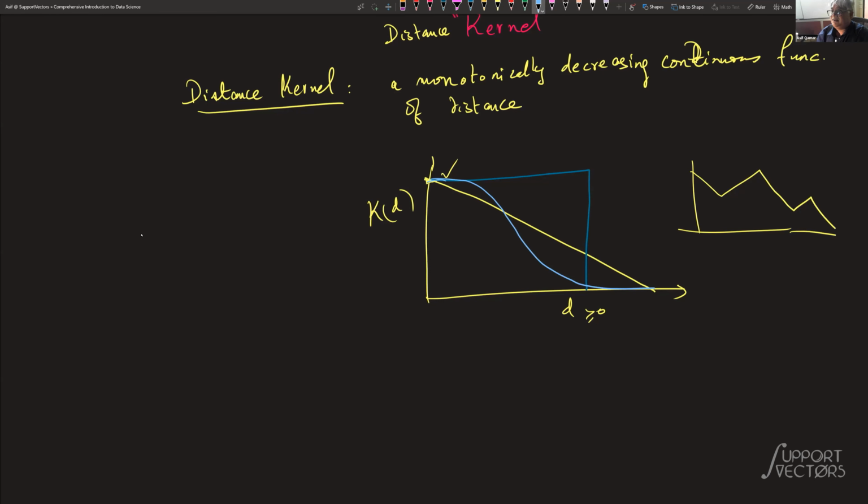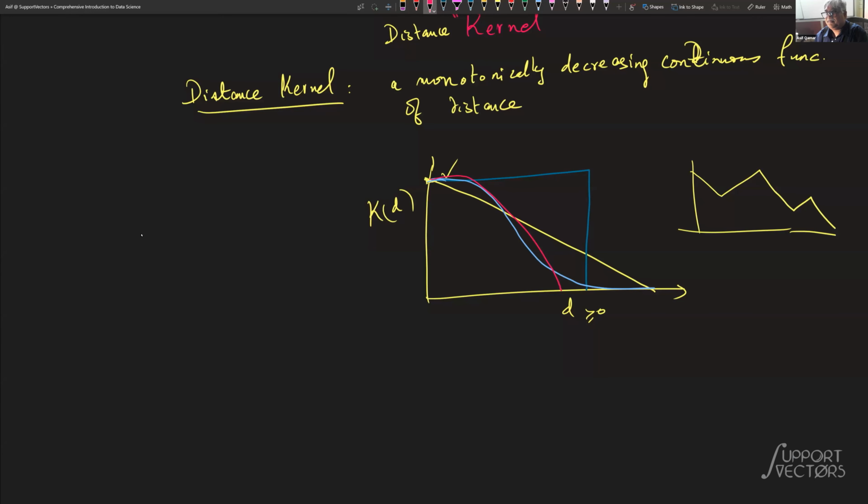That too is fine. I could use cosine decay, the cosine curve falls down. That also could have been there. Anything that is monotonically decreasing will suffice, so long as it decreases with distance and at d equal to infinity, it goes to 0.